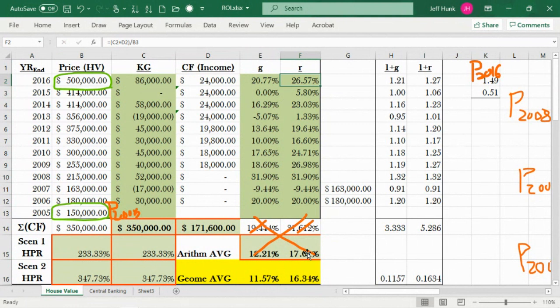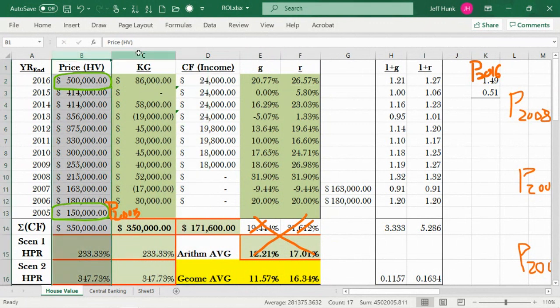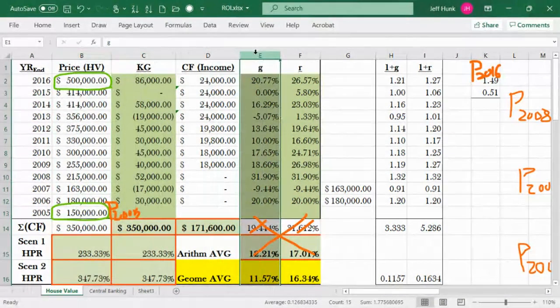But it doesn't apply if you never rent it out. If you just used it as your primary residence, then the return is only the growth rate.